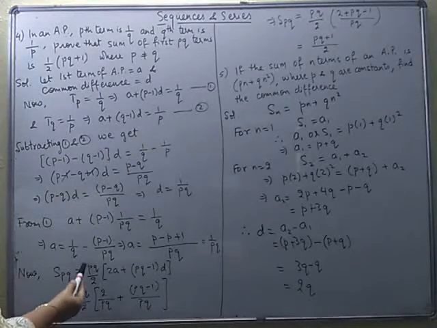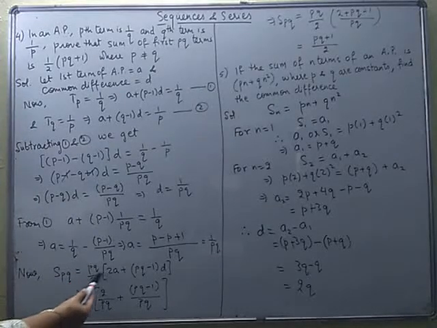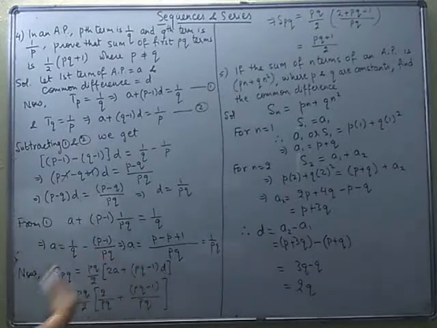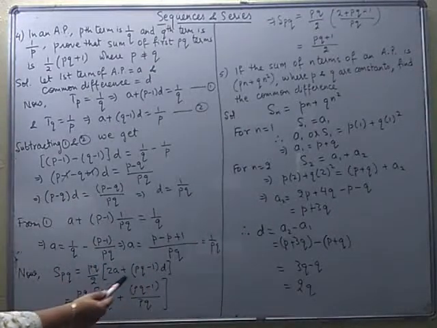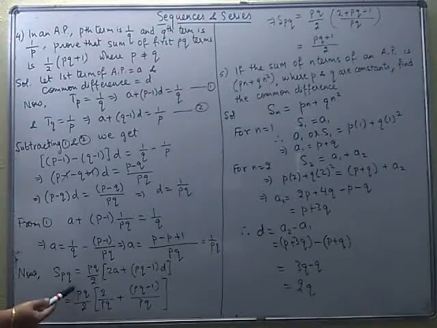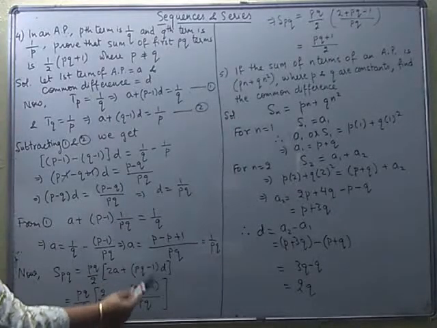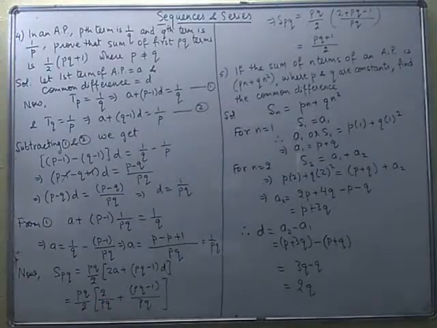So, sum of pq terms will be pq over 2 into twice of a plus pq minus 1 into d. Put the value of a and that of d. We get pq over 2 multiplied with, this is twice of a. So, it becomes 2 over pq plus pq minus 1 divided by pq.